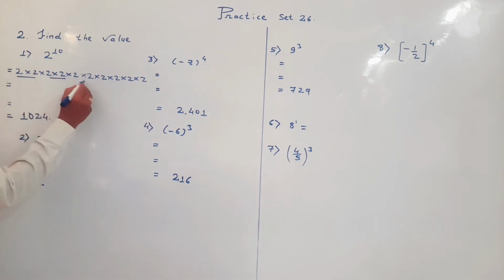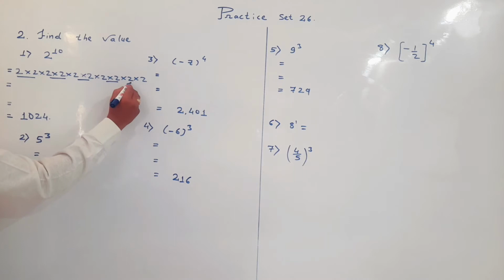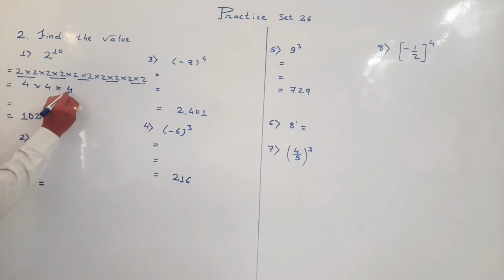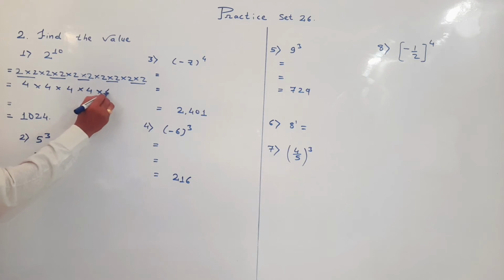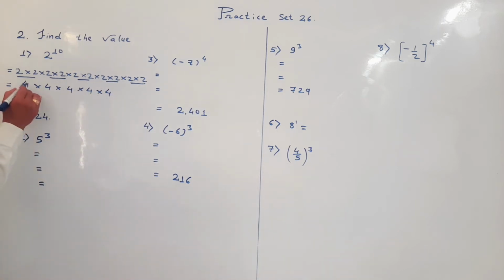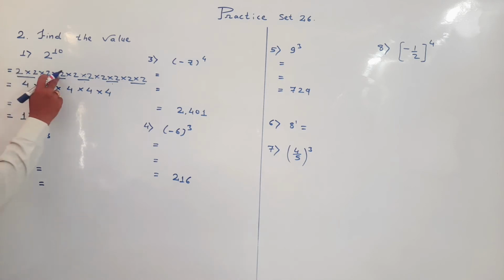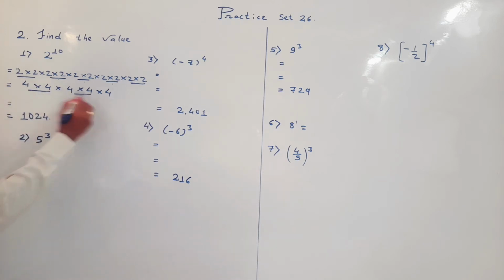2 to the 4, we can write 4 into 4 into 4 into 4 into 4. 1, 2, 3, 4, 5. 4 4s are 16.